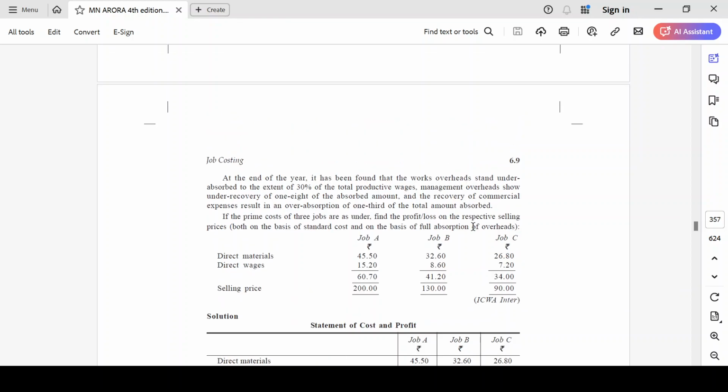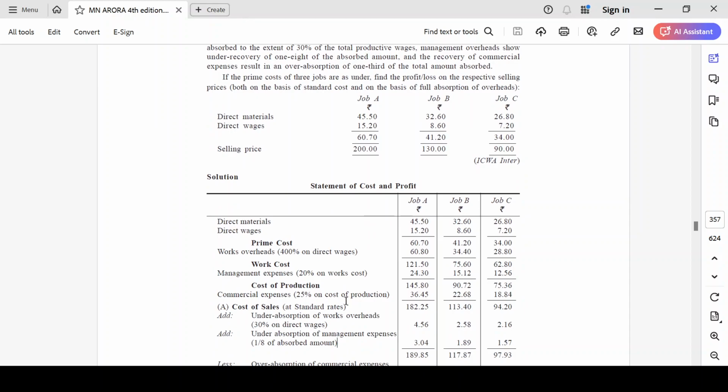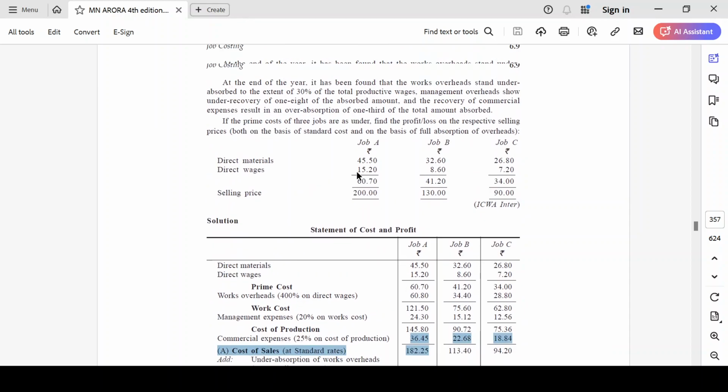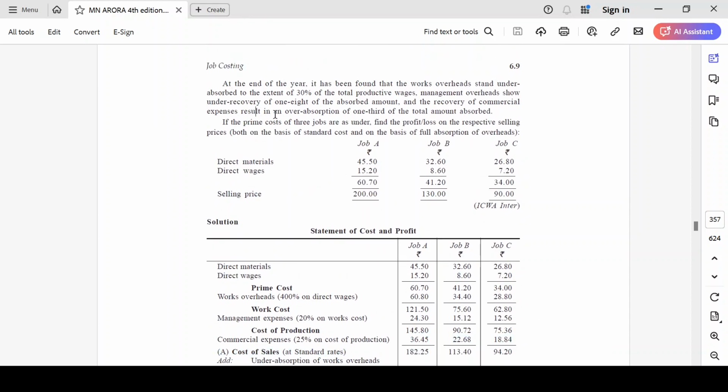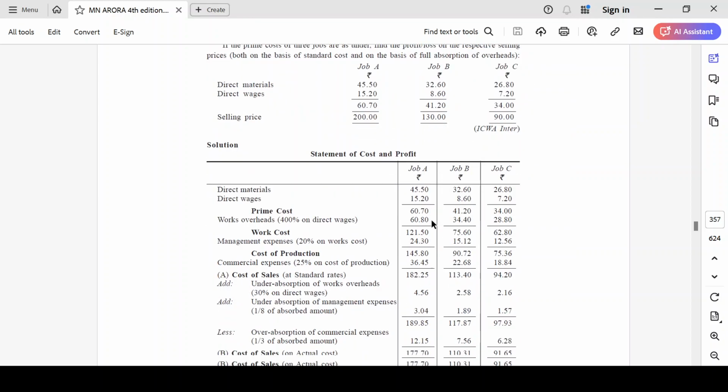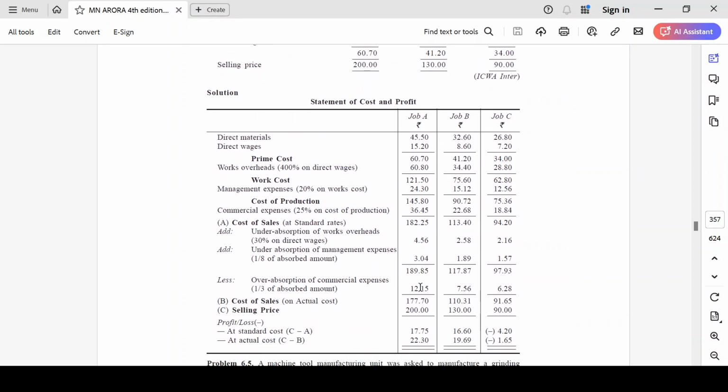And third would be recovery of commercial expenses. Commercial expenses are these 36.45. Okay, result in an over absorption of one third of the total amount absorbed. Over absorption, so one third of 36.45, it would be 12.15. This is the over absorption amount, and we would reduce it.